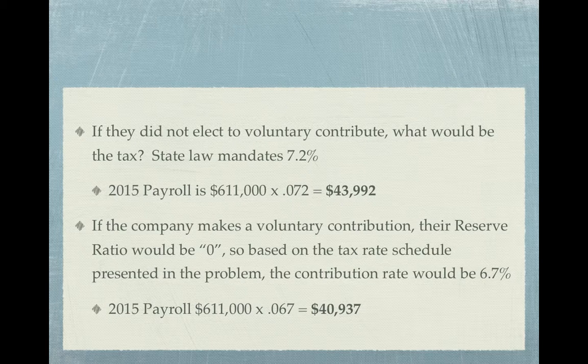But if they decided to make a voluntary contribution, their reserve ratio would be 0. And if you look at that contribution rate schedule in the problem, that contribution rate would be 6.7%. So if they went ahead and made that full contribution of 1,240 voluntarily to bring their reserve ratio up to 0, instead of being negative, they would only have to pay $40,937.